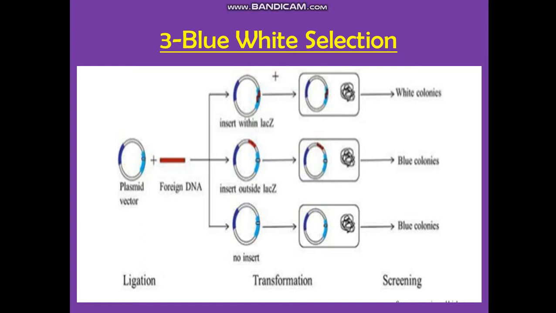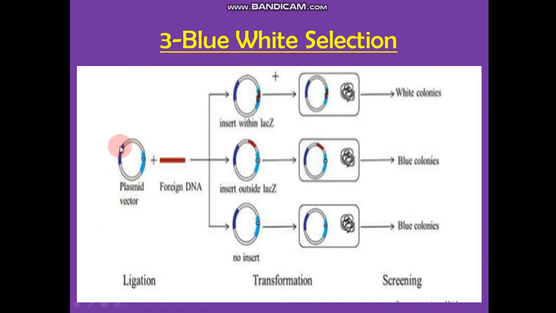This X-gal is broken down by the enzyme beta galactosidase to produce a blue colored compound. So this blue color will be produced only when lacZ is active, that means the lacZ gene is expressing itself. Clear? Okay, now coming back to the technique.